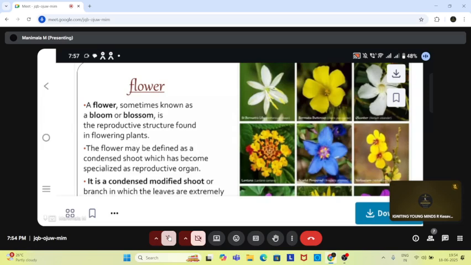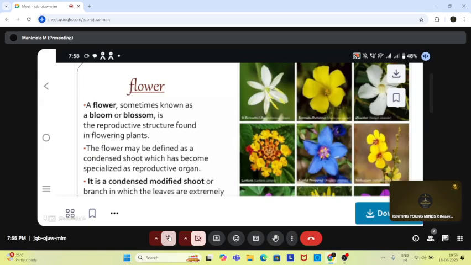Okay, children, so we have 5 plant kingdoms. Thallophyta means all the algae. Bryophytes are most of the mosses. Pteridophytes are most of the ferns.